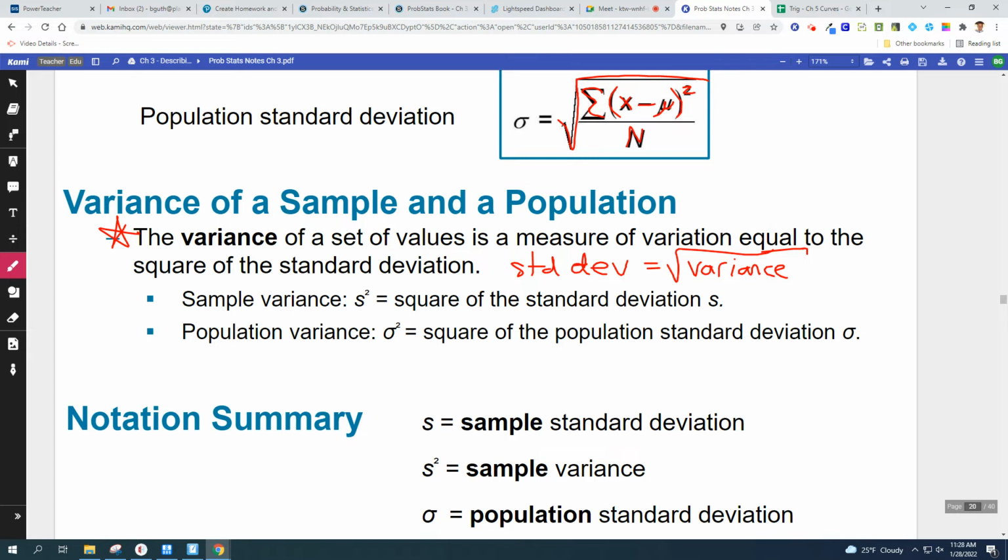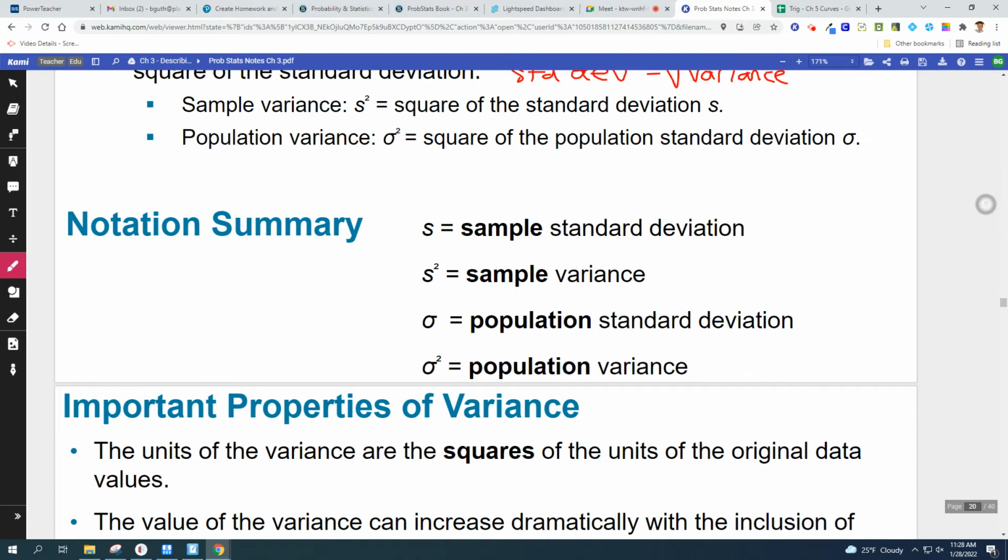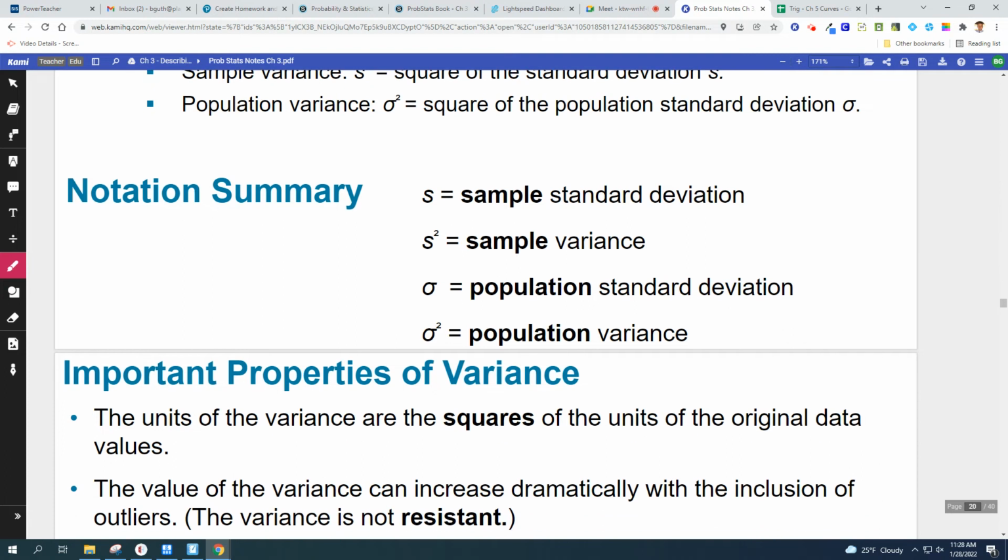So sample variance is s squared. That's the square of the standard deviation s. Population variance is this, I think it's a sigma. I think I called it theta earlier. That's a sigma. Sigma squared, which is the square of population standard deviation. So again, you've got all these symbols, and it's really hard to keep them straight, because they all kind of mean the same thing.